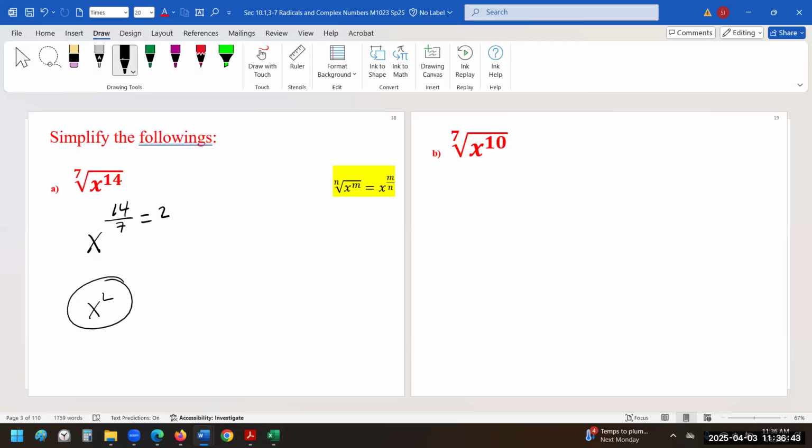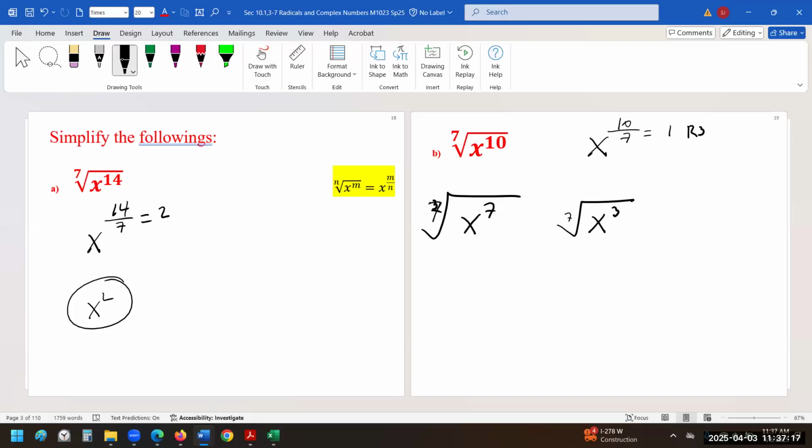But if you cannot divide, like the next one, if you do 10 over 7, can you divide 10 into 7 equal pieces? So 7 goes into 10 how many times? Only once. And how many remainder do we have? 3 of them. So you have 7th root of x to the 7 and 7th root of x cubed.